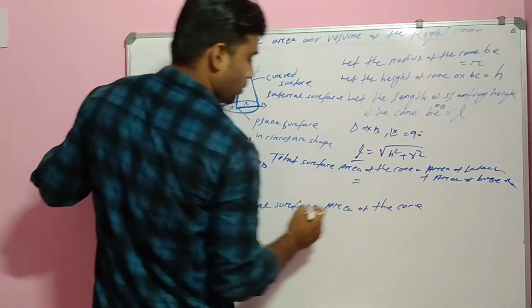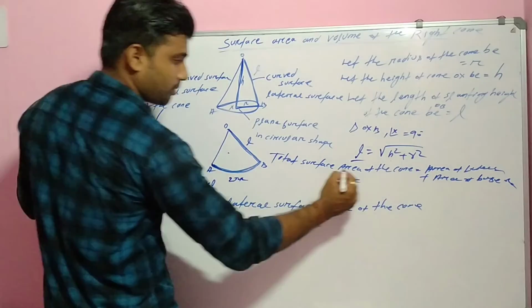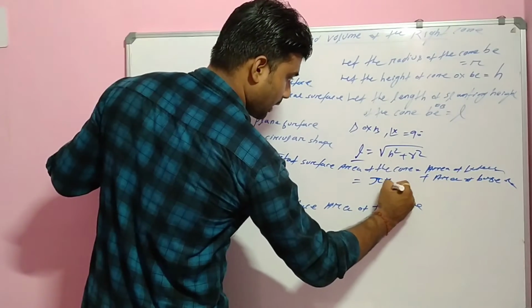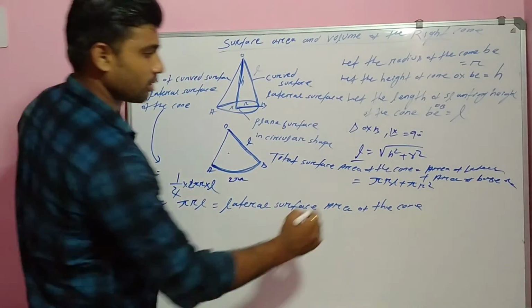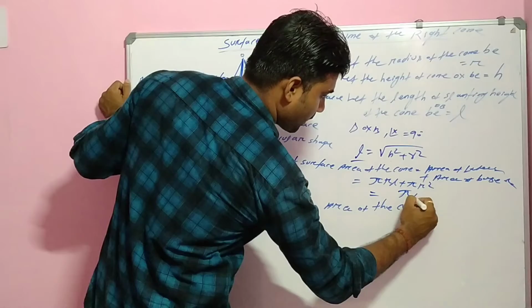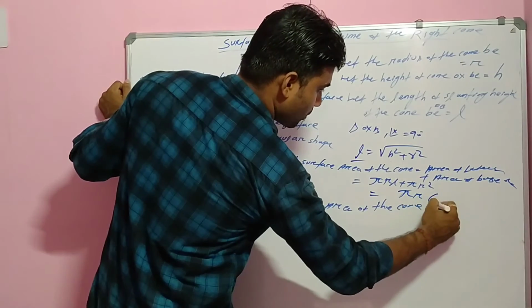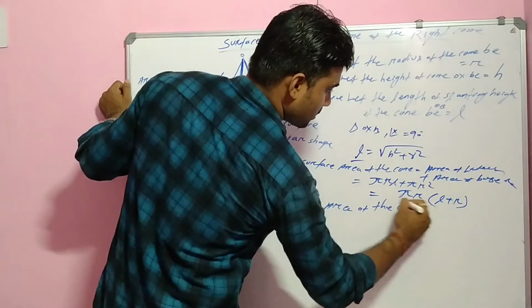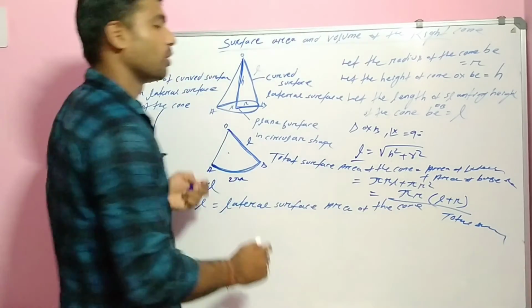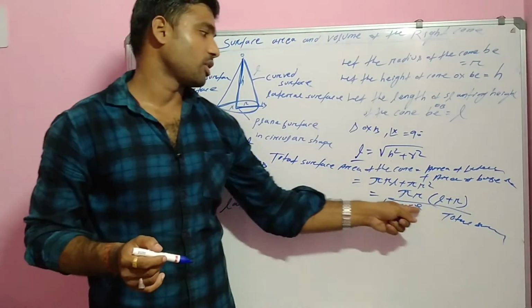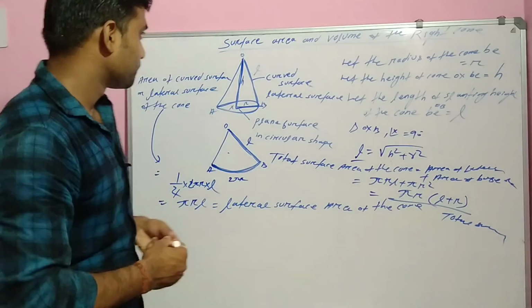What is the lateral surface area? Pi r L plus pi r square. Okay, that is pi r into L plus r. This is the total surface area of the cone. Understood? Total surface area of the cone.